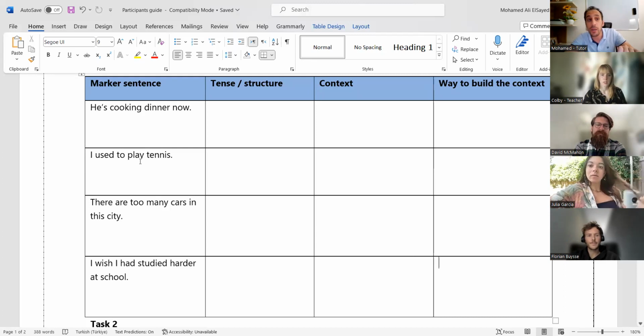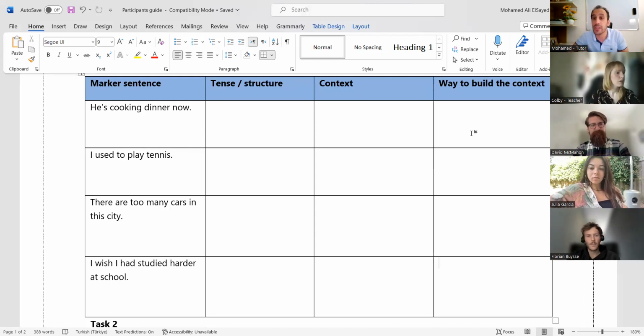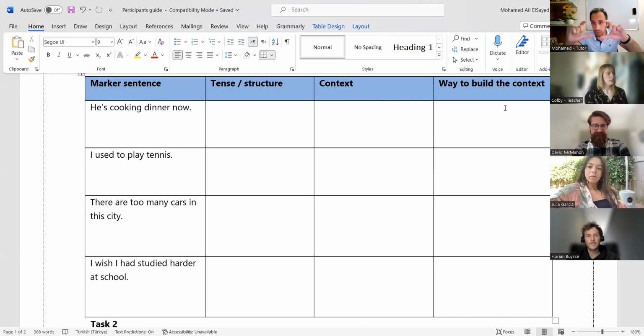3 marker sentences. You just decide the tense or the structure, the general context, and you decide together as a group on a way you build this context. You can take a picture with your phones, a picture of the screen.